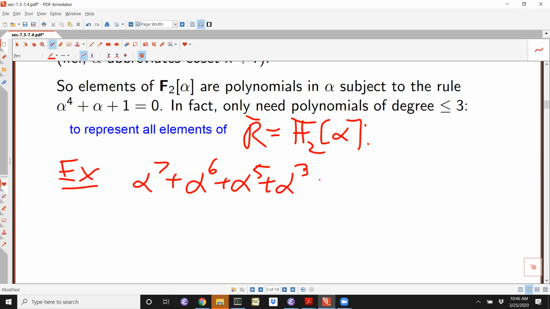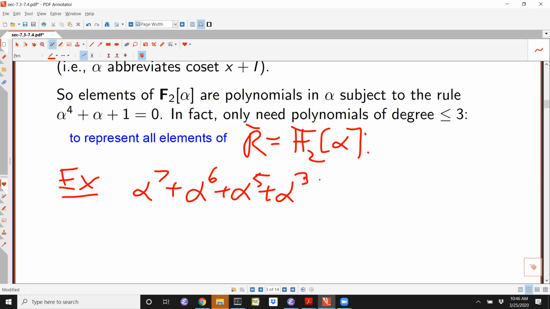So I want to simplify this element of F2 bracket alpha.